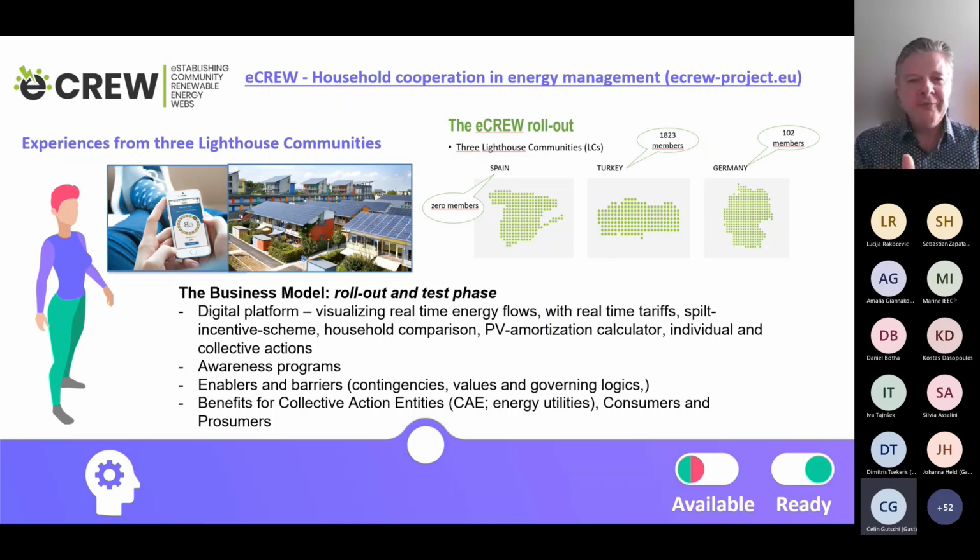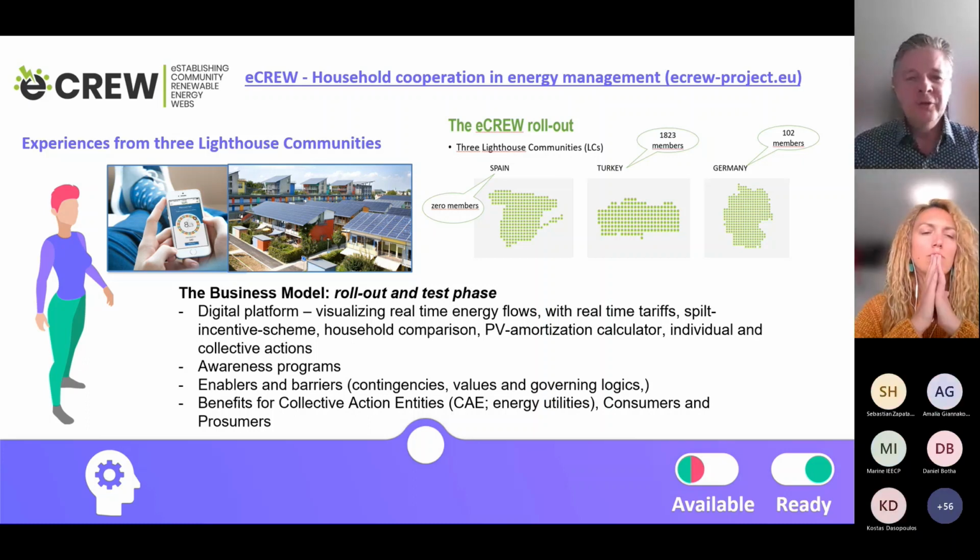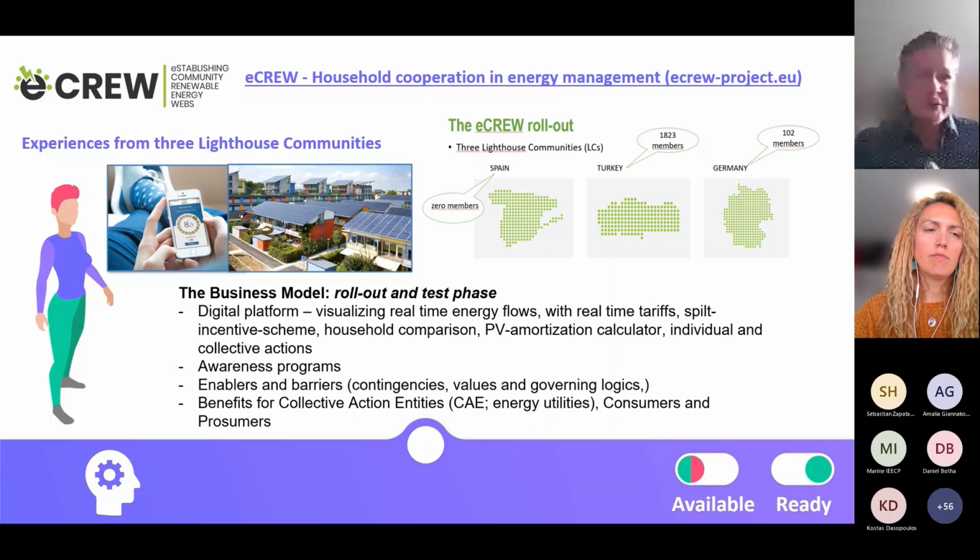On the digital platform, and this is how the tool works, you can on the one hand visualize all your energy flows and your tariff setting, but also you have a split incentive and a household comparison. You see how much a household uses energy, and you can compare it with your own energy consumption. Therefore, automatically somehow it evokes to become more efficient.